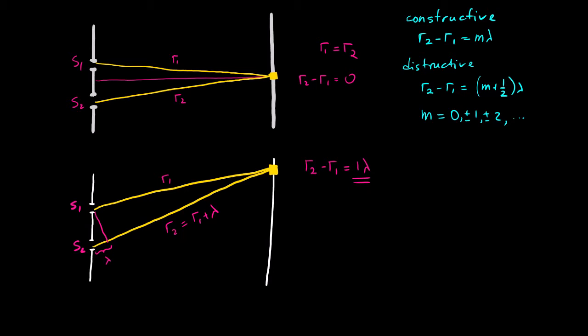Obviously, destructive interference will cause dark fringes. A point where destructive interference will happen is when the wave from slit 2 travels half a wavelength extra.